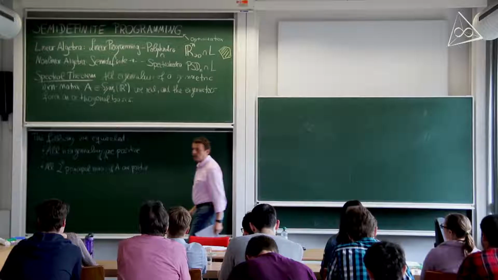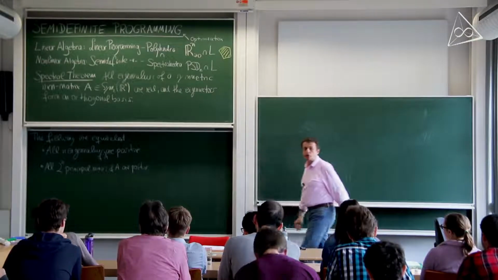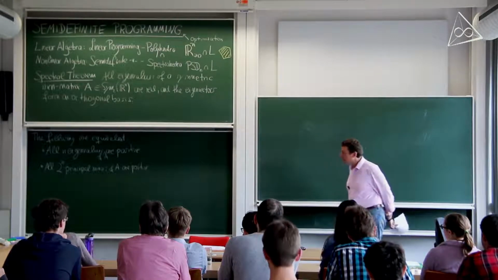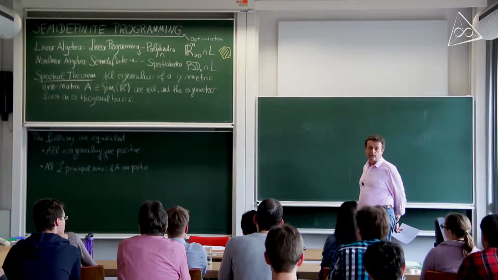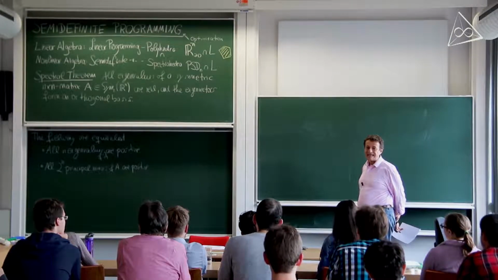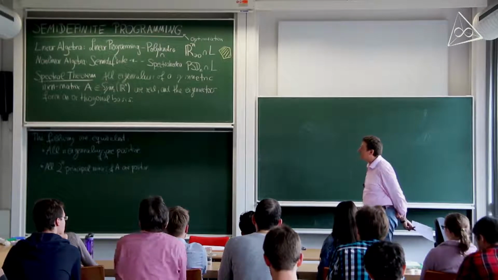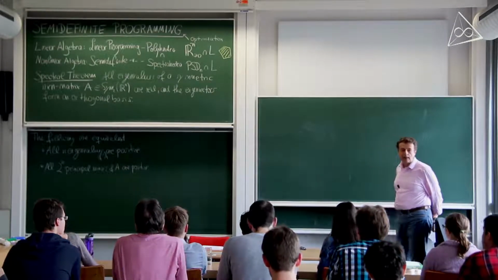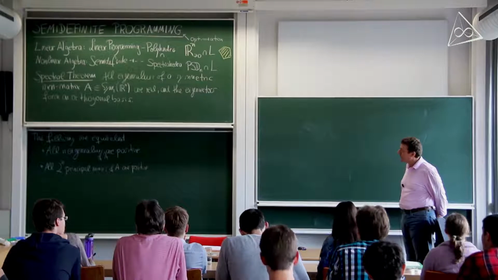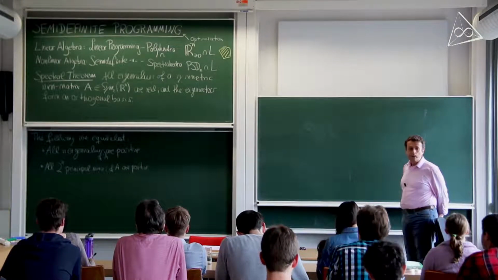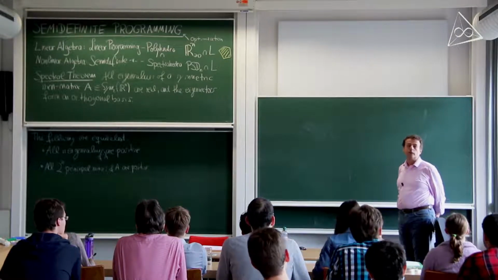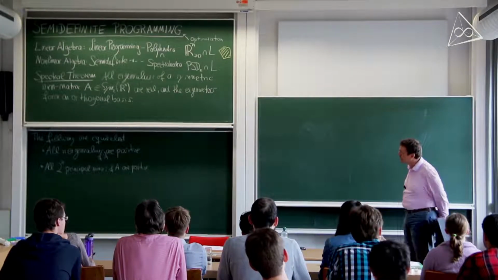A principal minor is a subdeterminant, the determinant of a square submatrix, and principal means that the row indices equal the column indices. So I pick any subset of the rows, select the corresponding subset of the columns, take the determinant of that square submatrix, and they're all positive. This includes the 0 by 0 minor, which is 1 by convention.